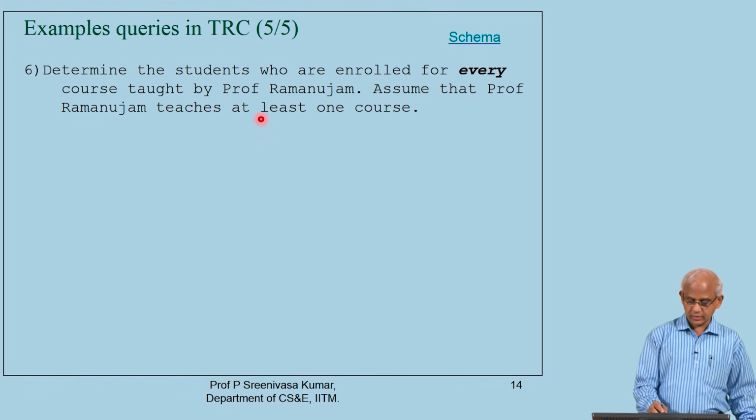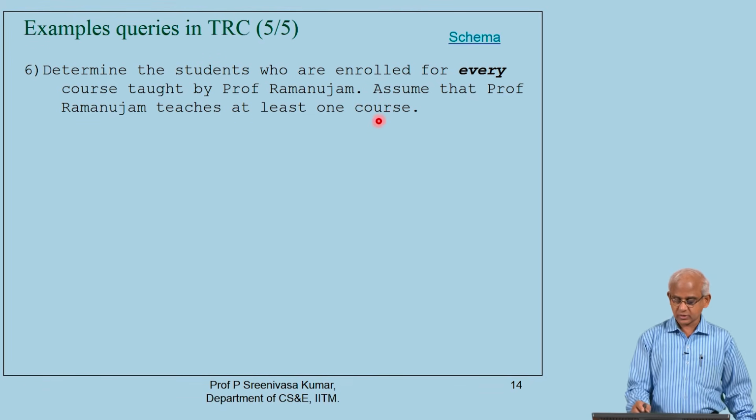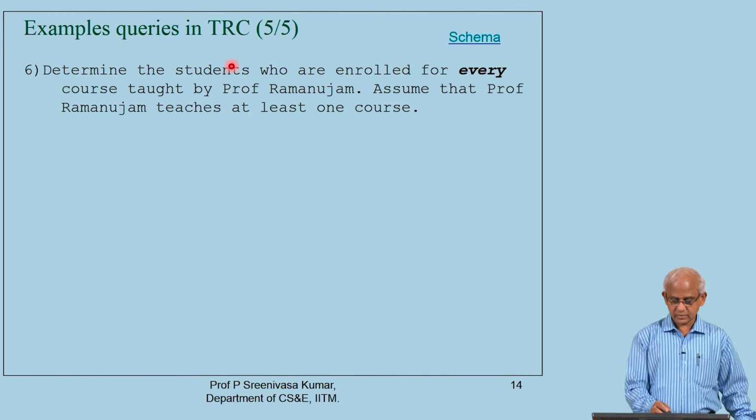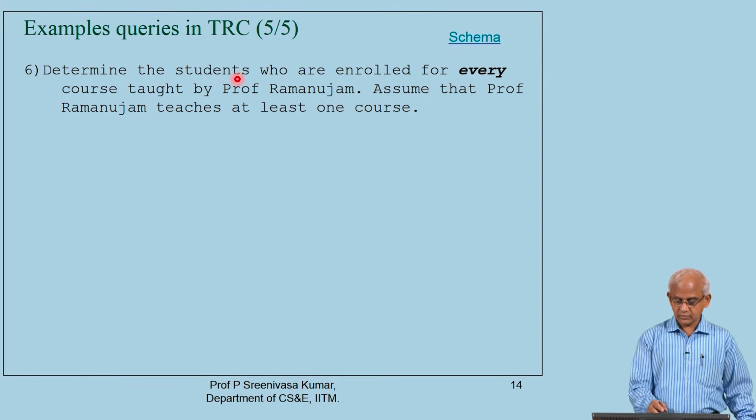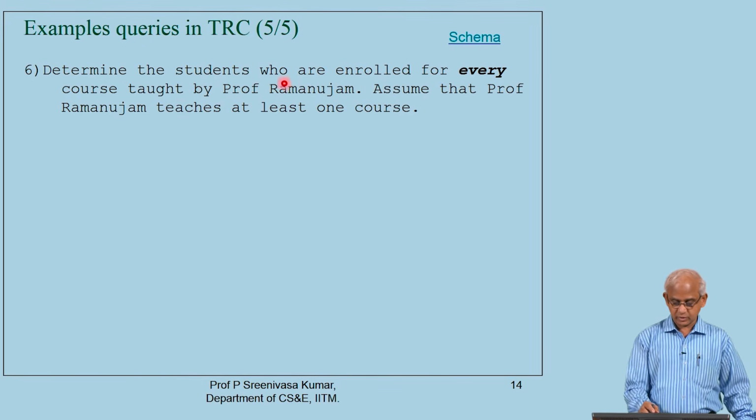Now, let us try and reformulate this particular query. Basically we are looking for students who are enrolled for every course that is taught by Professor Ramanujam, or in other words we can also put it like this: the student is such that if there is any course that is taught by Professor Ramanujam, then this particular person has definitely enrolled in that.